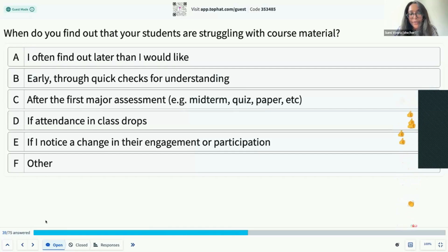It looks like we have quite a few coming in here. Perfect. And I see quite a few coming through the chat as well. We'll maybe give that a couple more seconds, Danielle, and if you don't mind moving us to the responses.